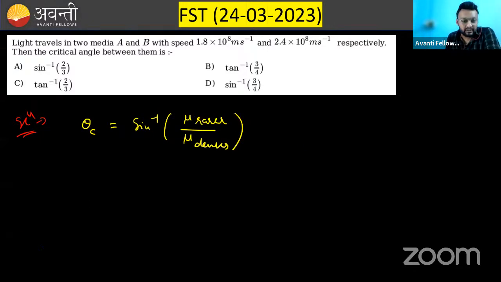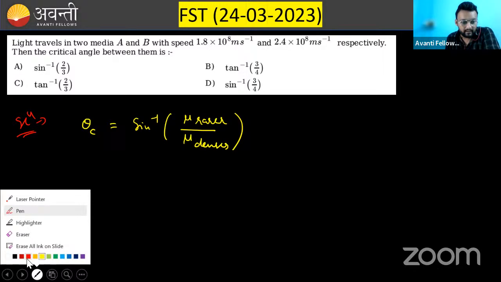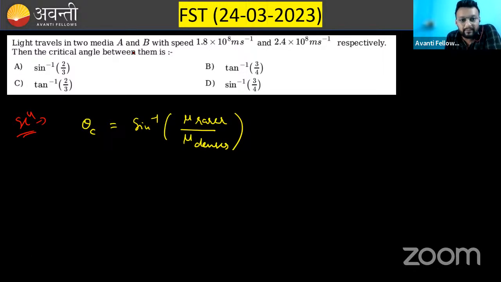So there are two mediums A and B, and there are two velocities. Let's suppose this is velocity A and this is velocity B. Clear?